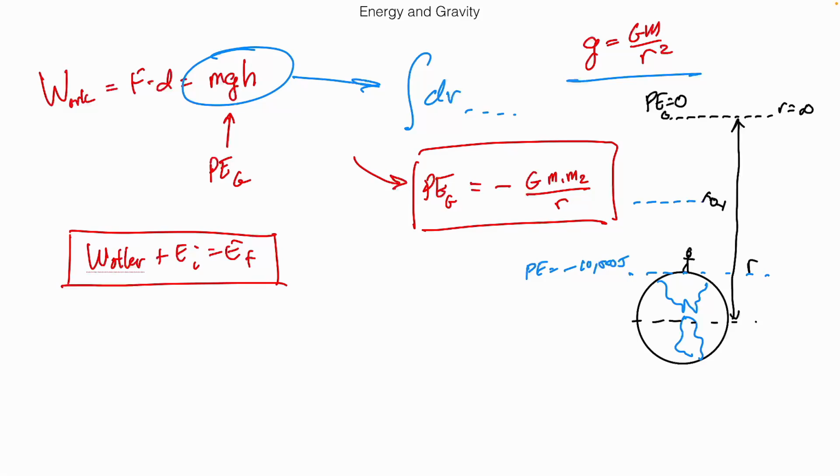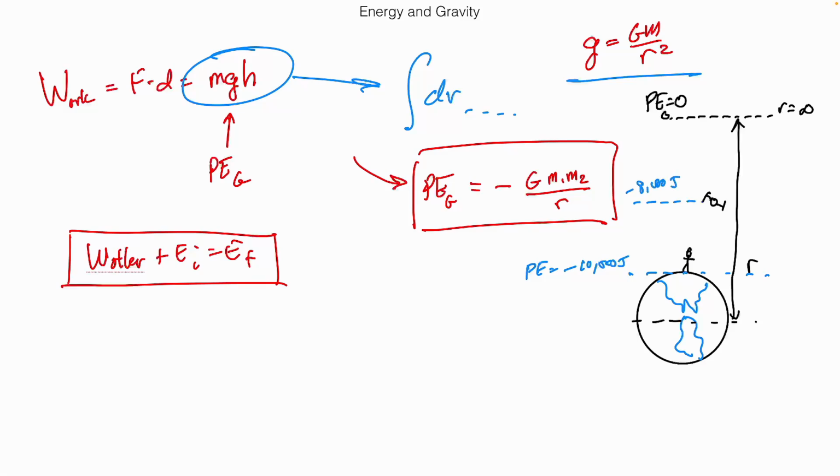If we're up there, is our potential energy bigger or smaller? Higher or lower? Like what number? Let's say this is, again, I'm totally making up numbers, minus 8,000 joules.